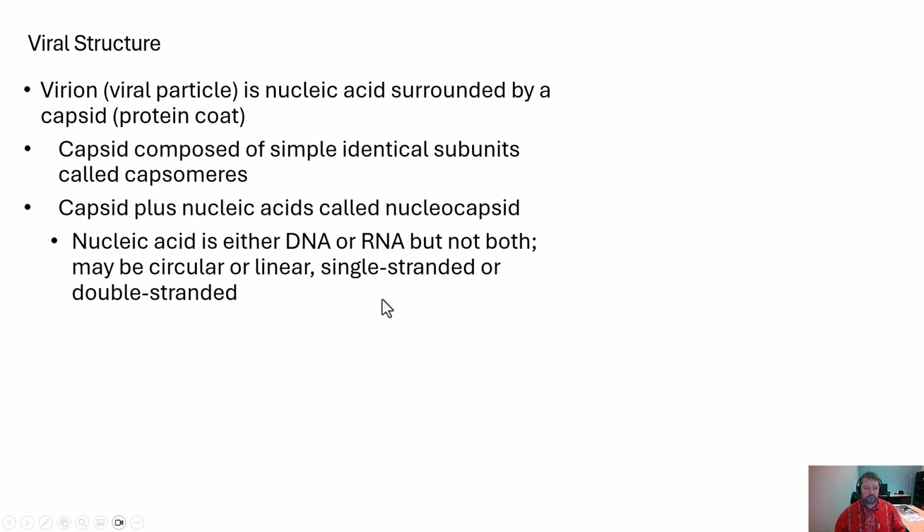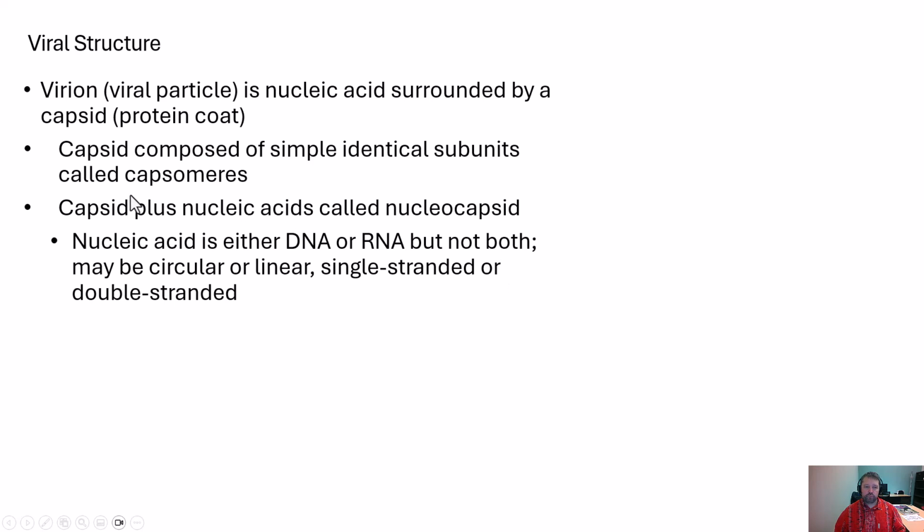The RNA can be single-stranded, or it can be double-stranded. And so to denote that, normally you'll see that it's an ssRNA or a dsRNA, so single-stranded RNA or double-stranded RNA. That kind of denotes what kind of RNA they have.